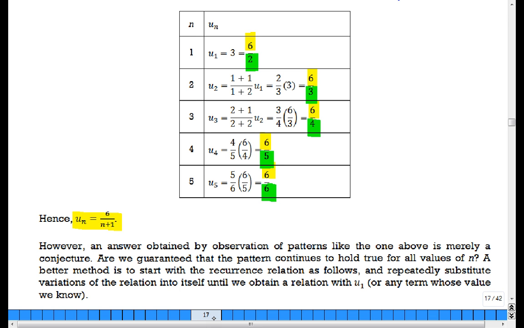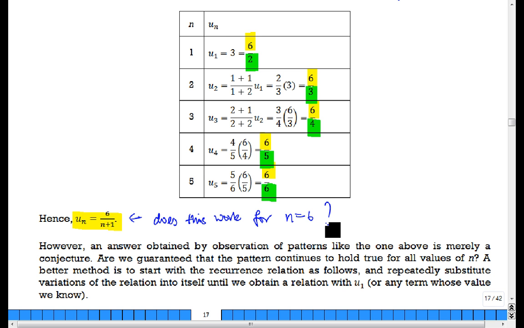That means we have not shown that this formula works for n equals 6. We have shown that it works for n equals 1, 2, 3, 4, 5, but we have not comprehensively shown that it will work for n equals 6. Conjecture means guess.